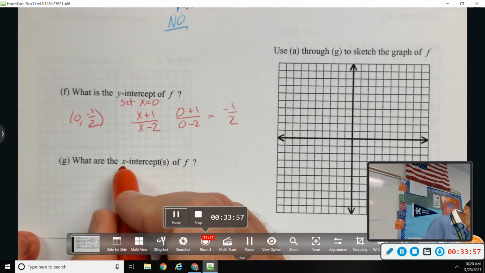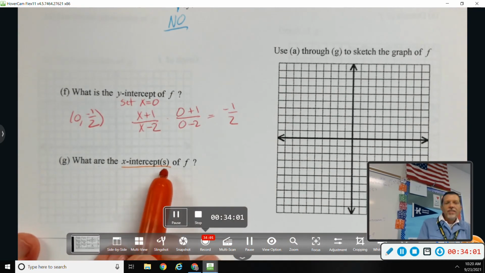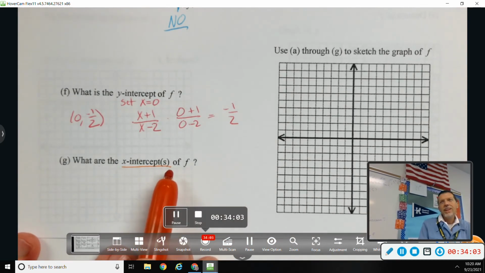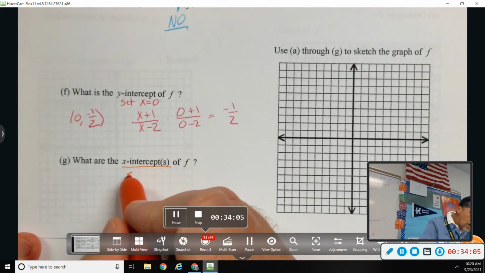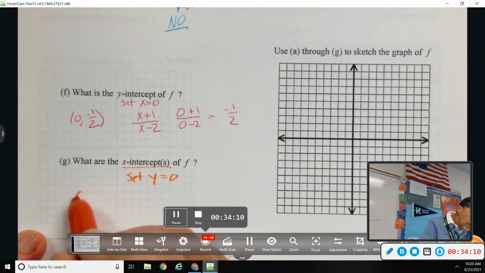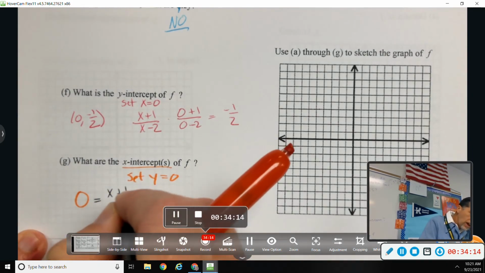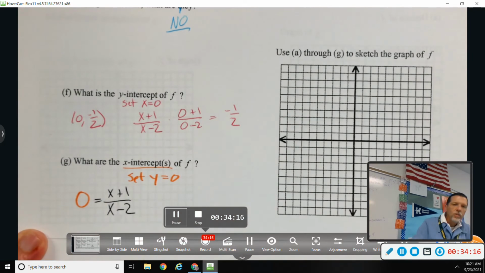For the x-intercept(s), and this is kind of nice, there's an s in parentheses sort of indicating there might be more than one. We'll set y equal to 0. So 0 equals x plus 1 over x minus 2. Here we go with zeros and fractions again.